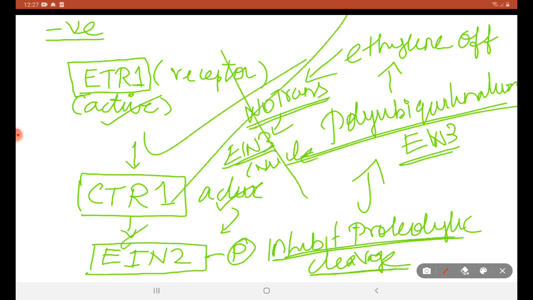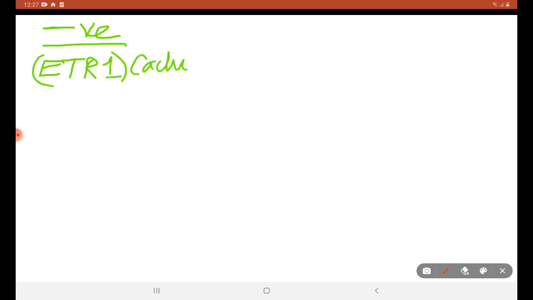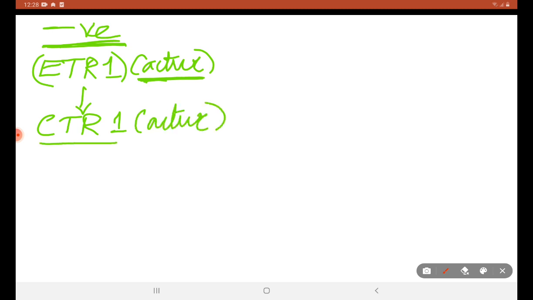Hope this is clear. I will repeat it again. What will happen in the absence of ethylene? ETR1, the ethylene triple response receptor, becomes very active, so it is called a negative regulator. It is active in the absence of ethylene. Then it activates CTR, constitutive triple response 1. It also becomes active. Then comes EIN2. It becomes phosphorylated.